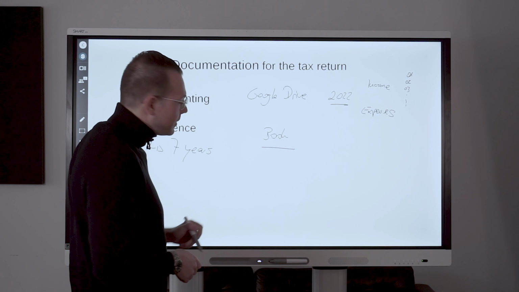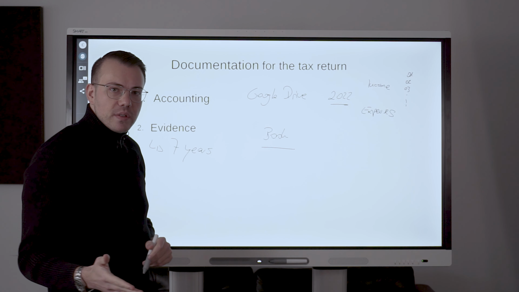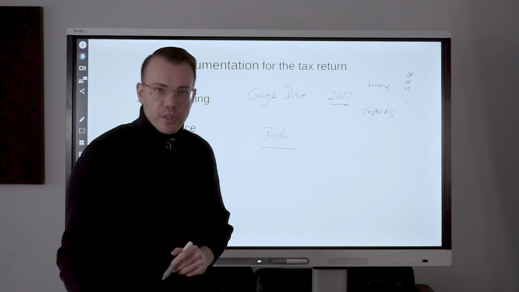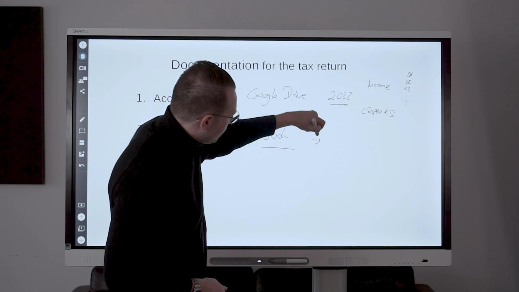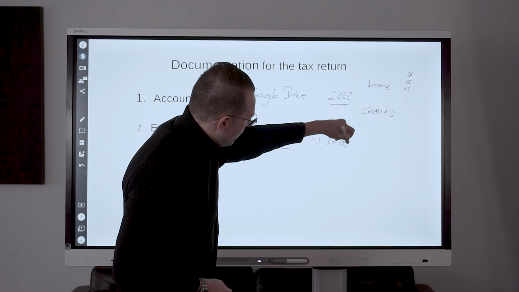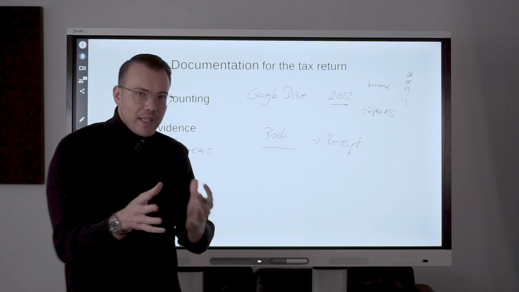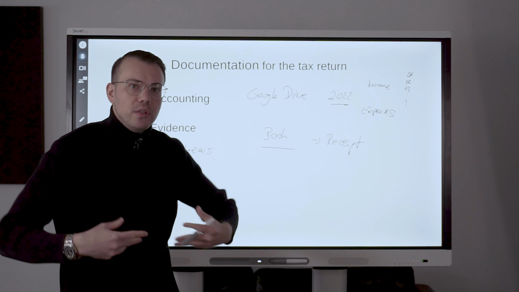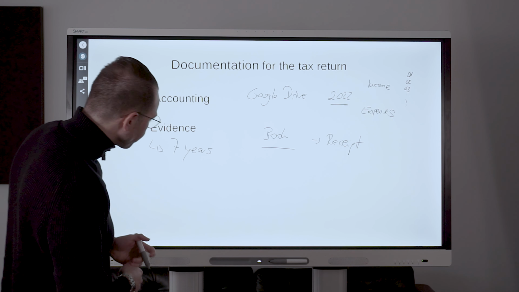In that case, it would be tax deductible. So if you buy this book, it's not sufficient if you just have a bank transaction. What you need is the receipt. So if you have the receipt or you have any invoice, this makes it tax deductible because then you have the proof that you had this specific expense.